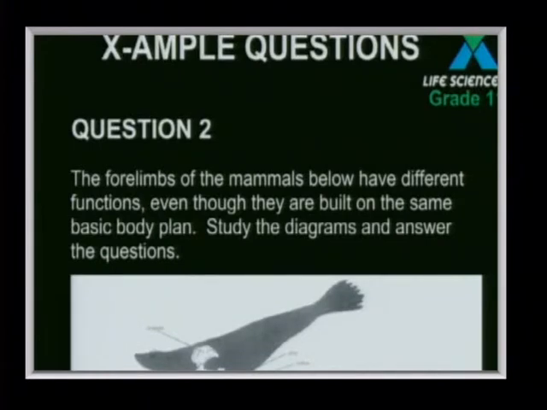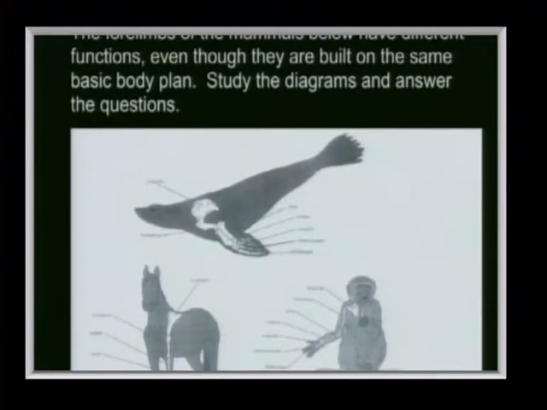Question 2. If we look at question 2, it says, and important to mention is that every time you get an illustration and an introductory paragraph, please take the time to read through the introductory paragraph and take a moment to glance at the diagrams, just so that you can get a sense of what it is all about.